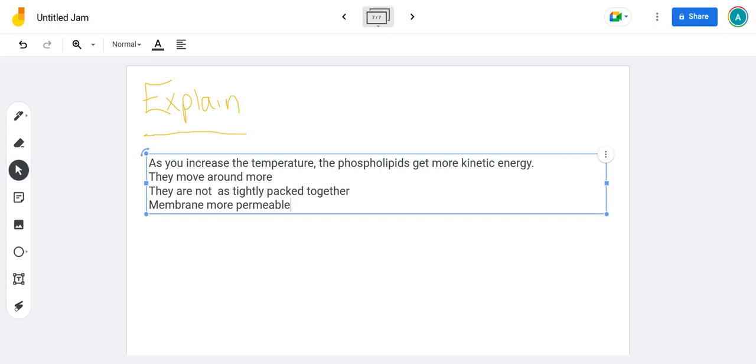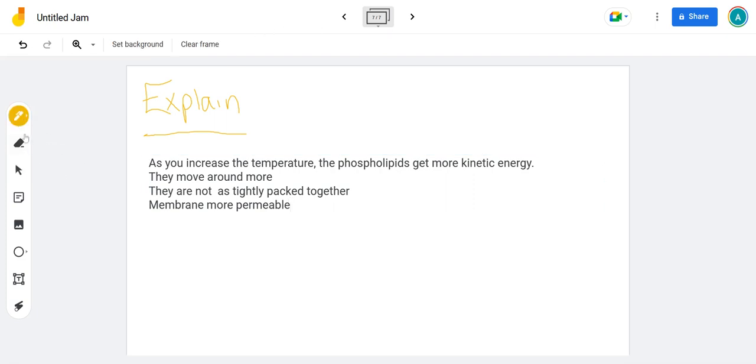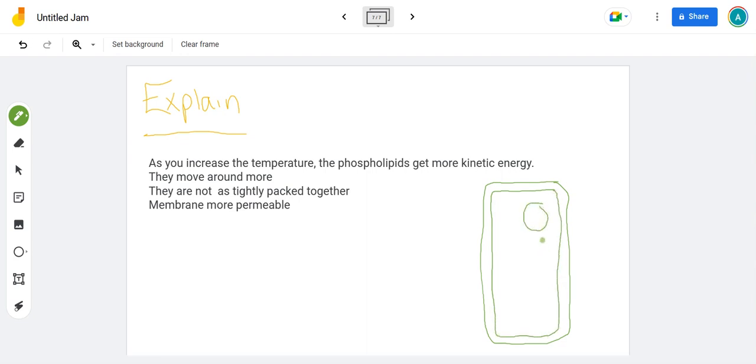Okay, now if we think about the detail of the structure of a plant cell, we've got our cell wall around the outside, we've got our cell membrane, we've got our nucleus. We've also got this massive structure here called the vacuole. Now, the vacuole is actually where the betalain is.